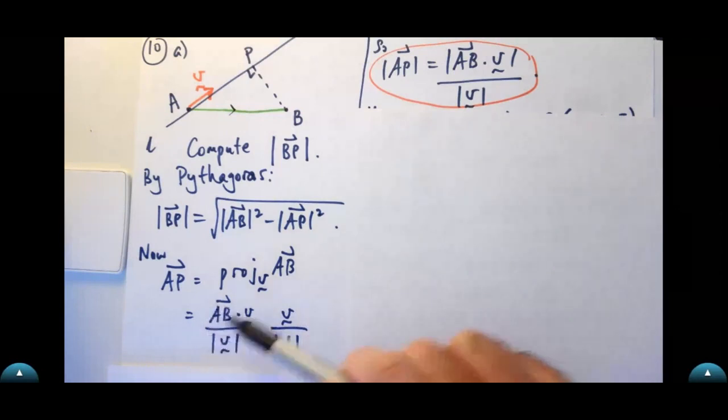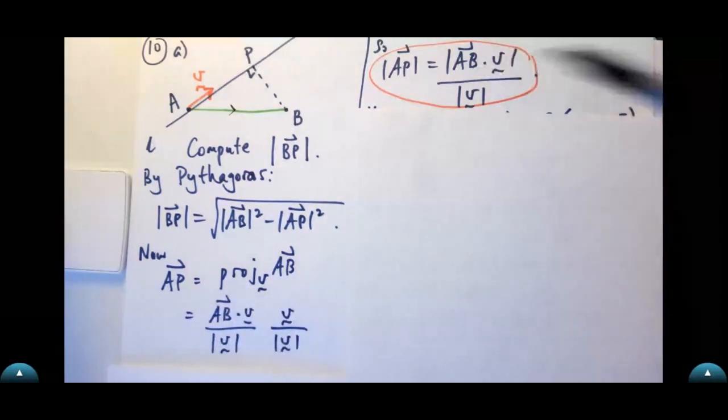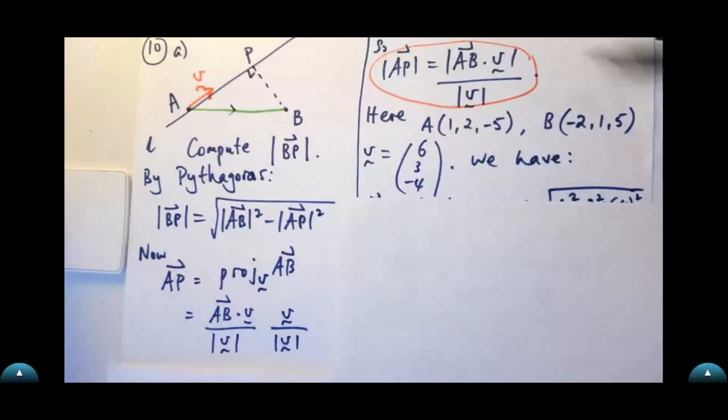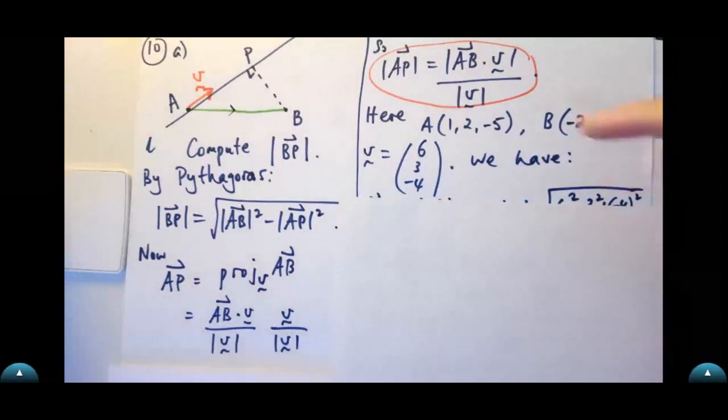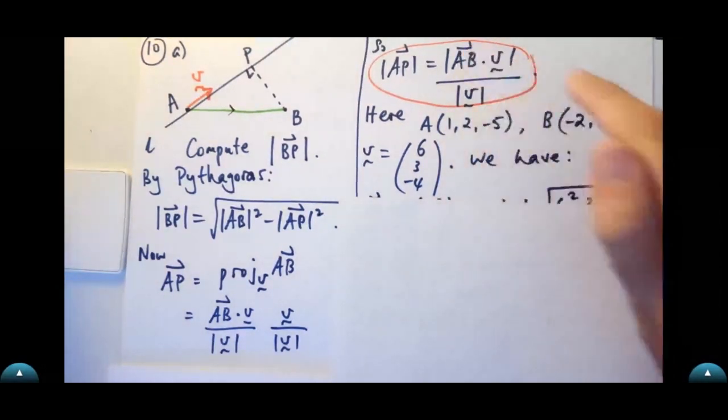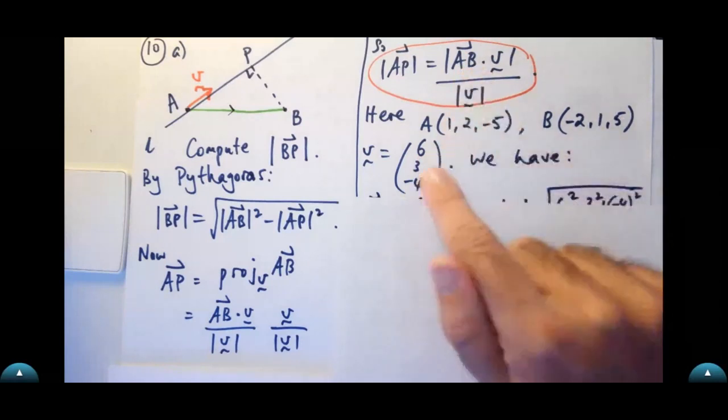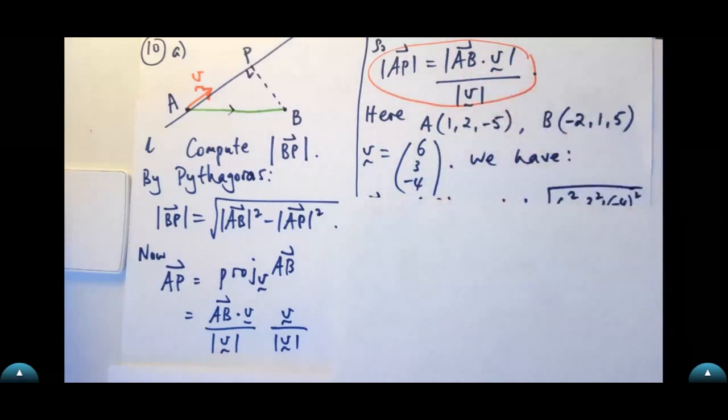Okay, so let's find the length of this. This has length 1, so all we get is this, which involves a dot product. Now, for our question, this is the data. A is this point, B is this point, and V is this vector. That's all we need. I'm going to compute AB, take the dot product of that vector with V, and look at the length of V. Hi, Fiona, welcome.